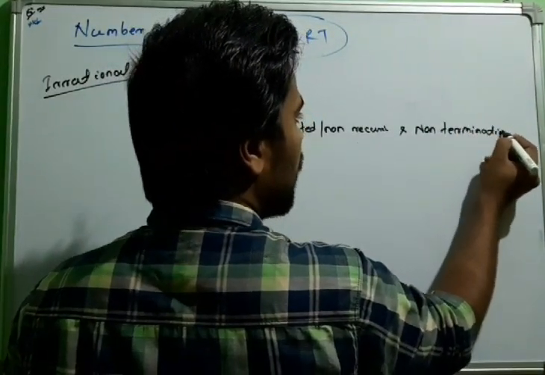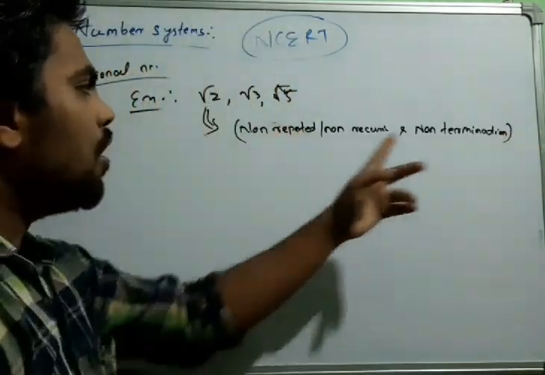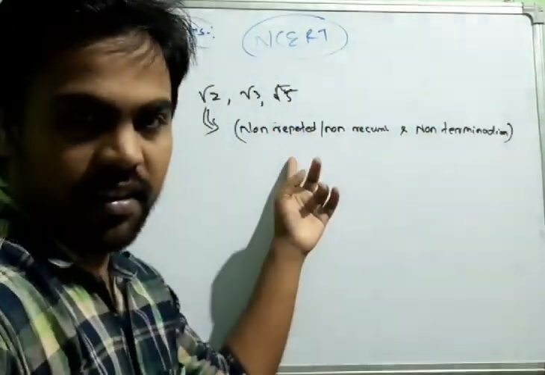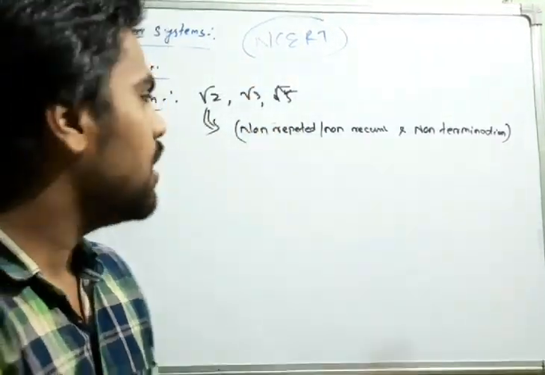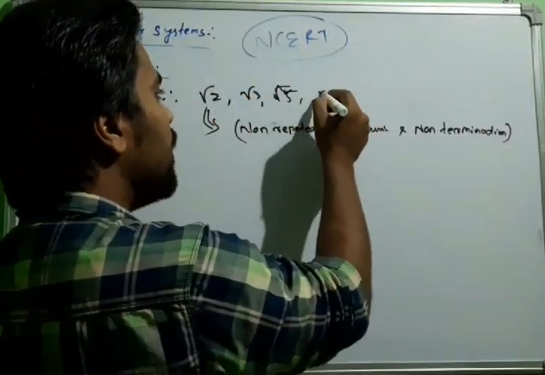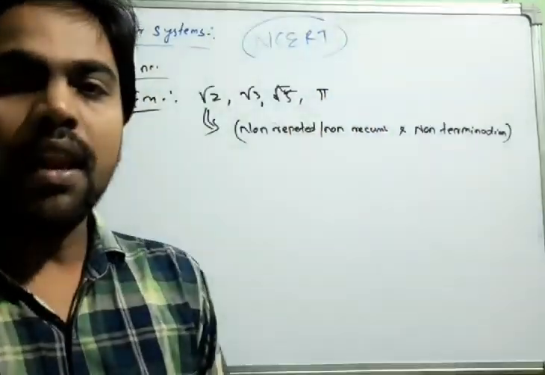Those numbers that are non-terminating and non-repeating are called irrational numbers. Already told in the last class. Example: root 2, root 3, root 5. Those are irrational numbers.